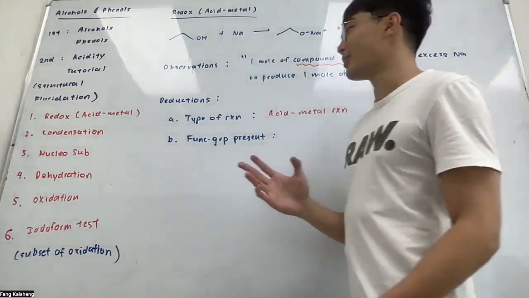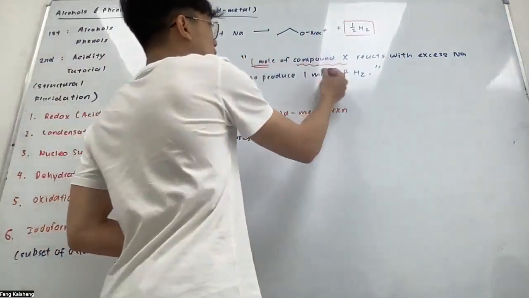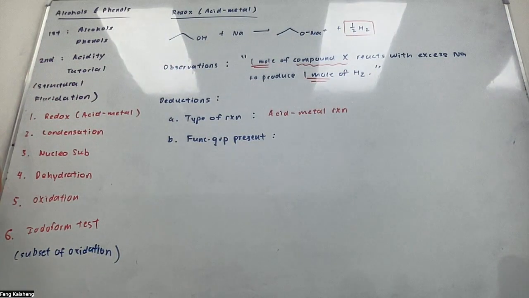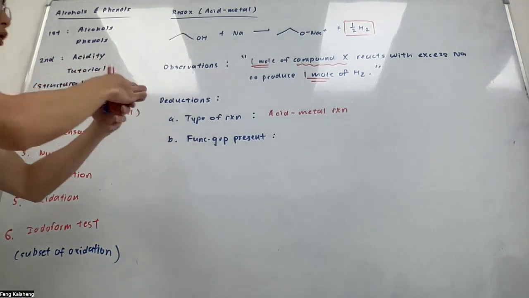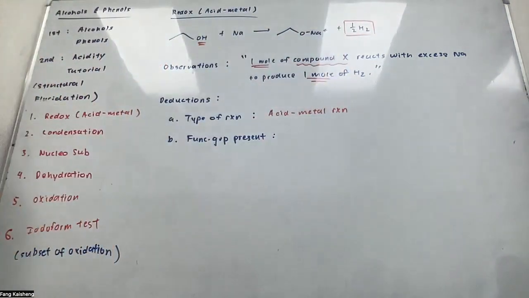But that's not enough, because they also specify the amount of each species used. What does this mean? 1 mole of this unknown compound can produce 1 mole of hydrogen. But we know for a fact 1 OH only produces half a hydrogen. What does this mean?